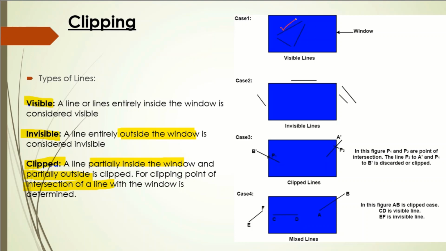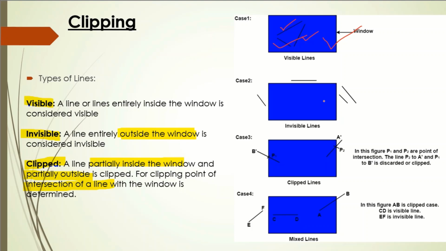This line is inside the clipping window, this line is also inside the clipping window, and this line is also inside this clipping window. So all of these 3 lines are entirely or completely inside this clipping window, so those lines can be considered as visible lines. All of these 3 lines will be displayed to the user.